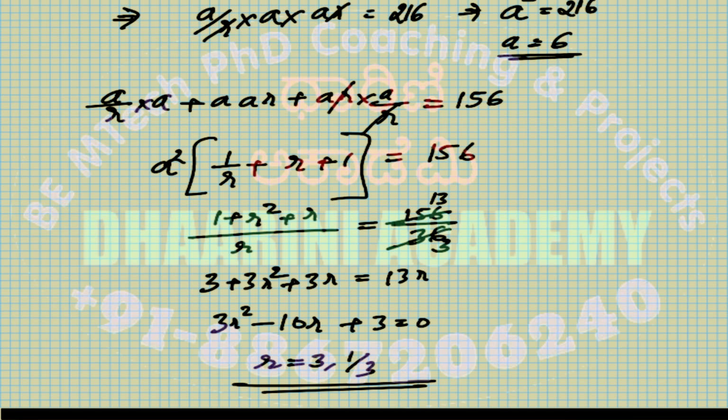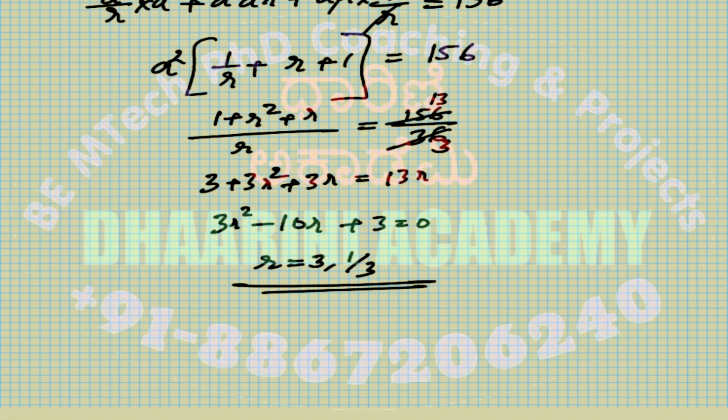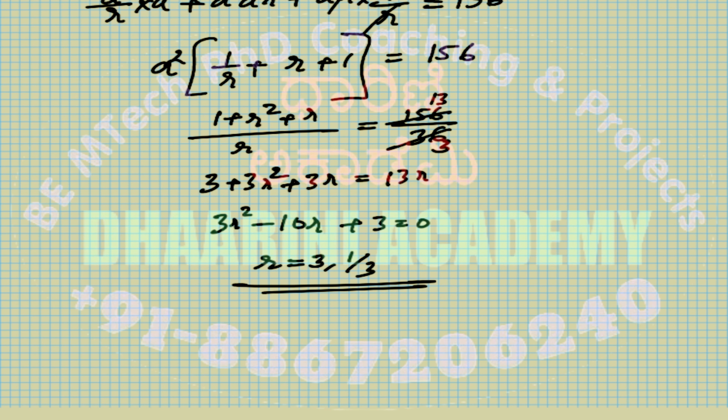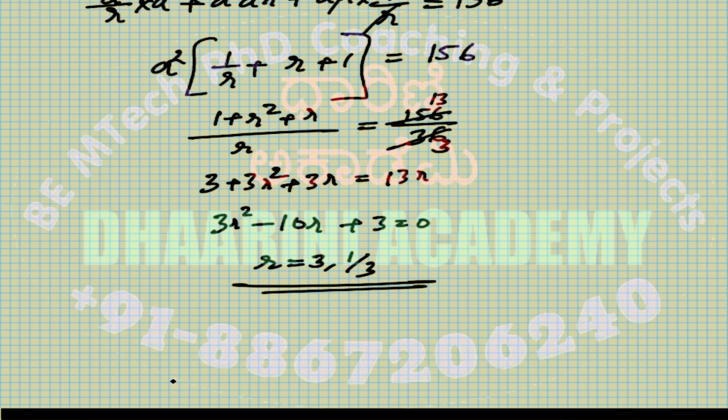So let's check that. It should be able to take the product, so let's try to find the numbers now. a we obtained as 6, and r is equal to, right, I can even take 3 or 1 by 3.